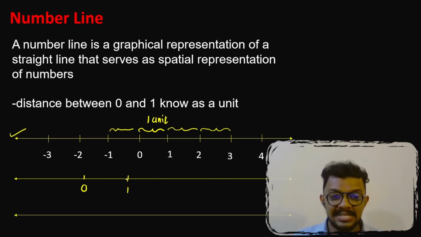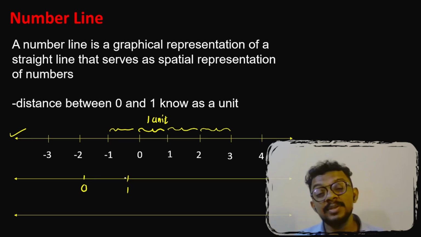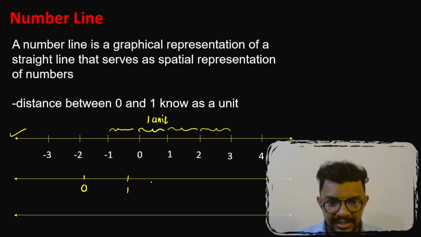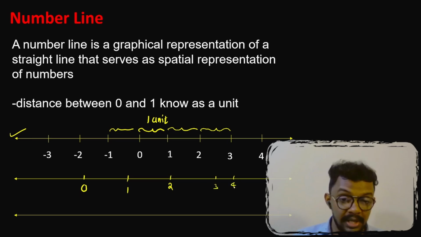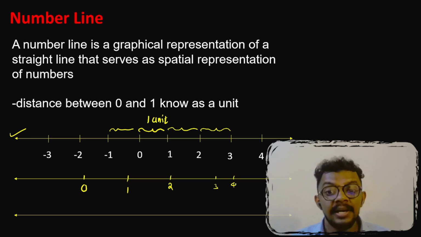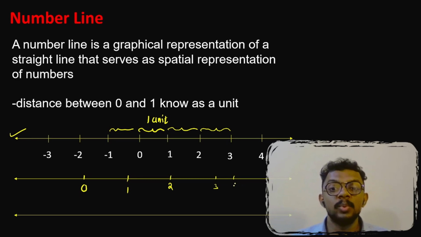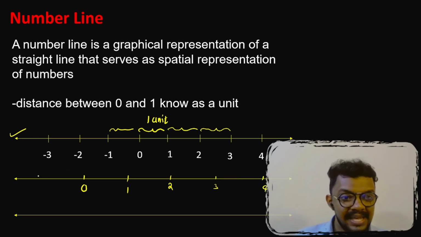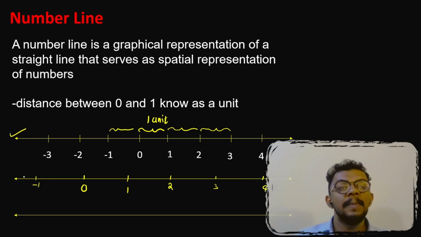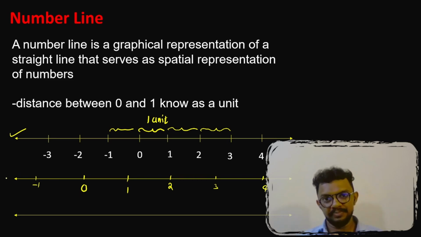But from here onwards, if I fix in this number line the distance between 0 and 1 as 1 unit, the same distance I will mark 2, the same distance I will mark 3. Don't think I can mark 4 here. I cannot. In order to mark it, the same distance I should mark 4. And as it moves leftward, the same distance: minus 1, minus 2, minus 3, minus 4. Okay, hope you understood that point.